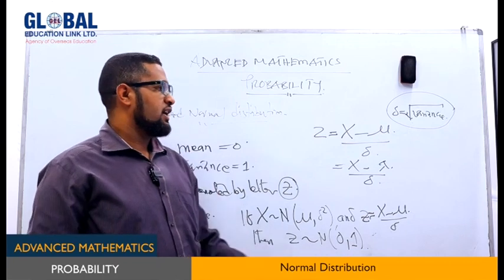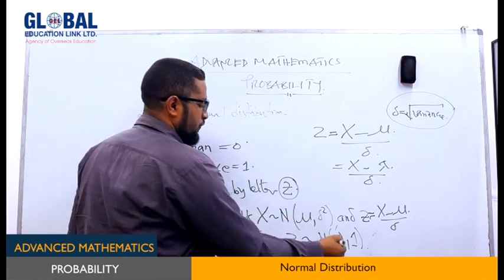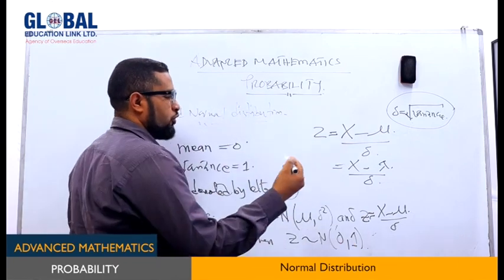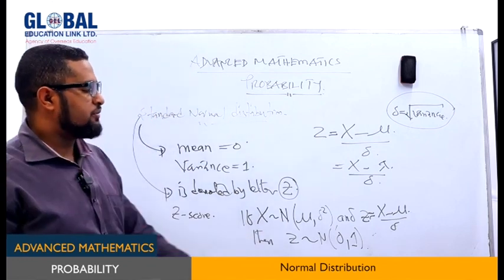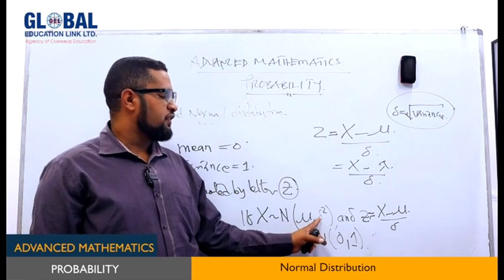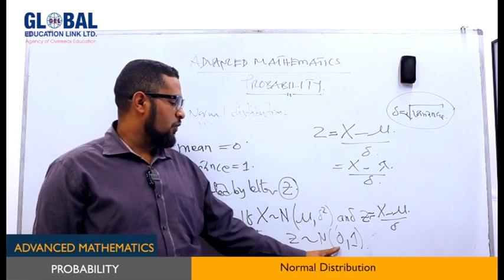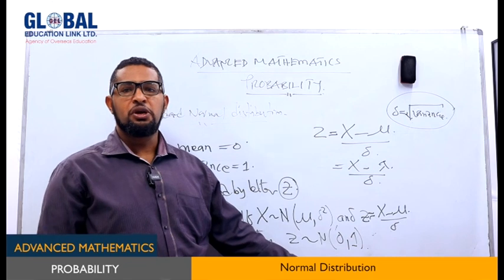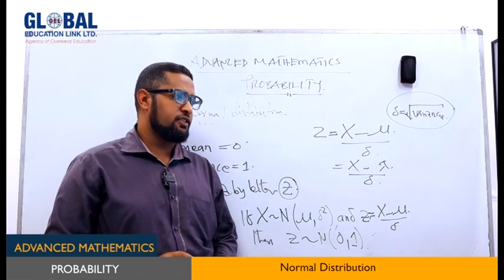If you take the square root of 1, you obtain 1. Do not confuse this: standard is for standard deviation, but when you write it, you write it in terms of the mean and the variance.